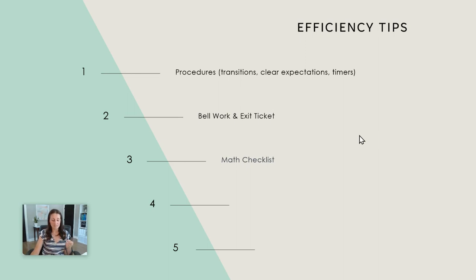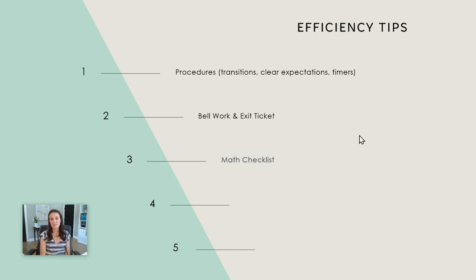The checklist I went through a second ago, but just having something like that is easy. Like that Google Sheet, I assign it to them in Google Classroom every week. They have one checklist for the week that they work on during workshop time, and then they submit it at the end of the week, and I can go through and check what they've done.